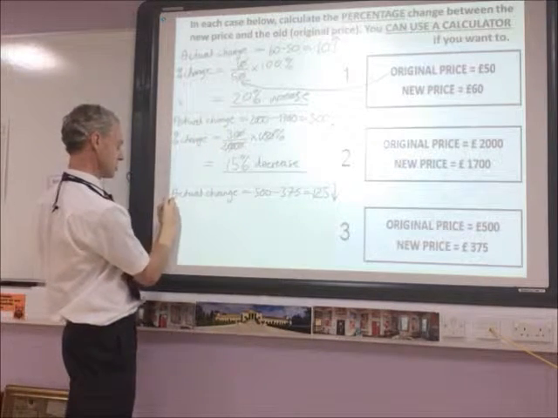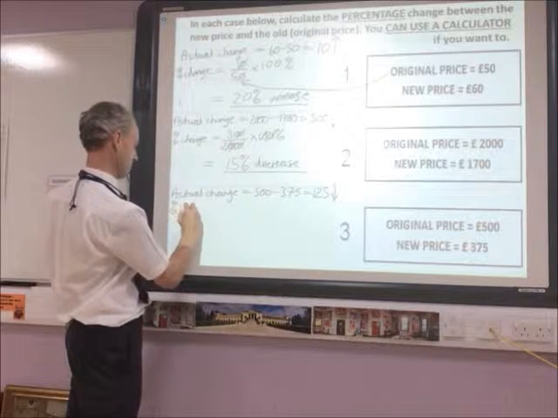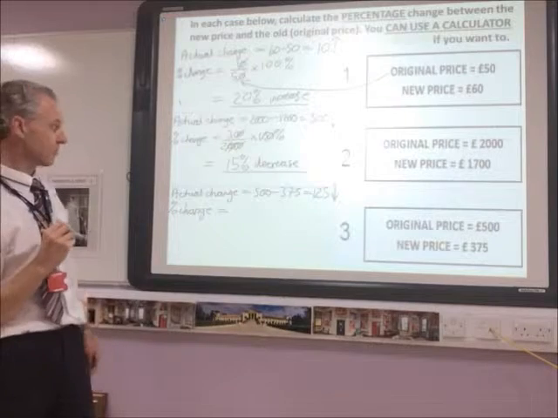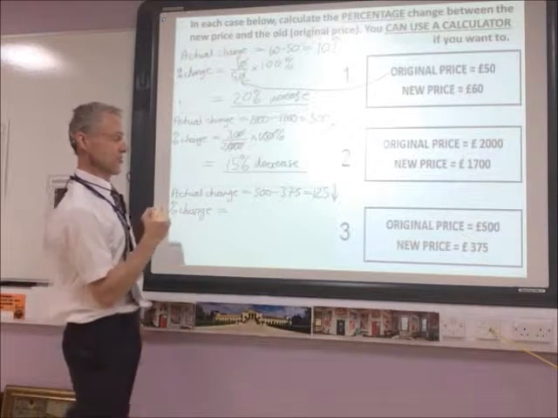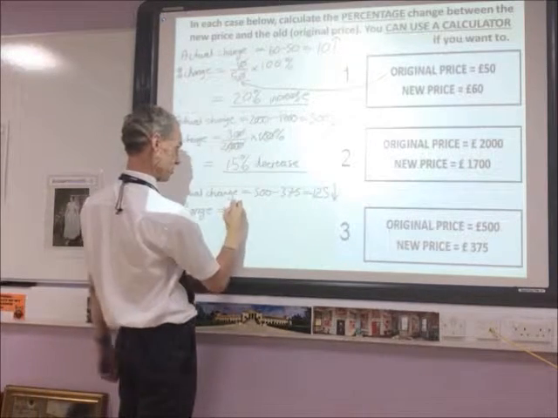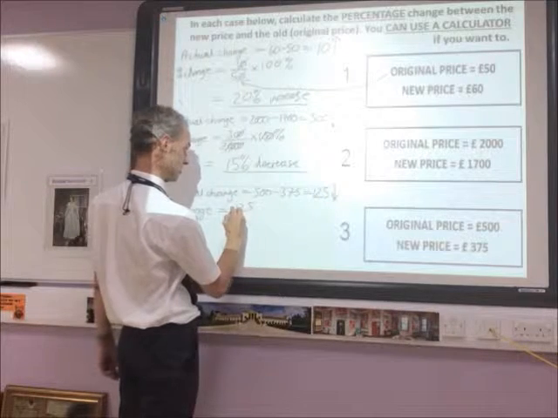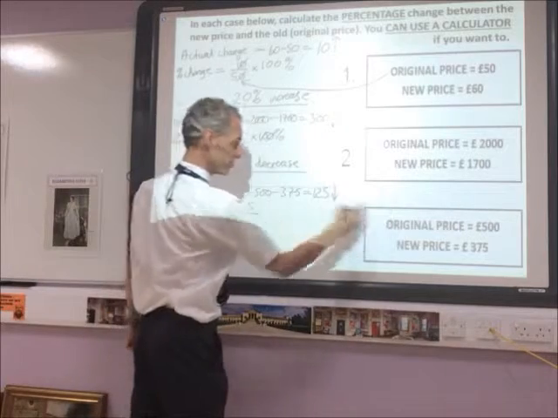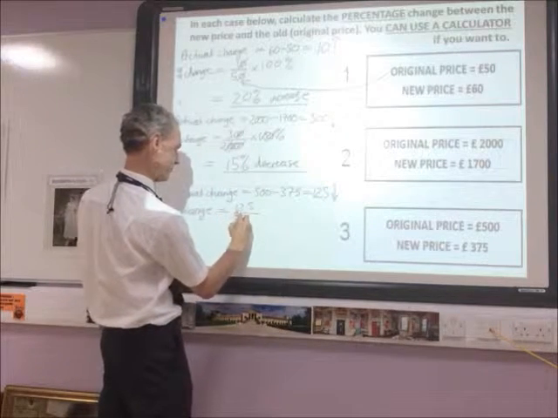Let's look at the percentage change. So the same method as before for the percentage change. Let's do the actual change, which I've just worked out. That's 125 divided by the original price. So the original price here is 500.